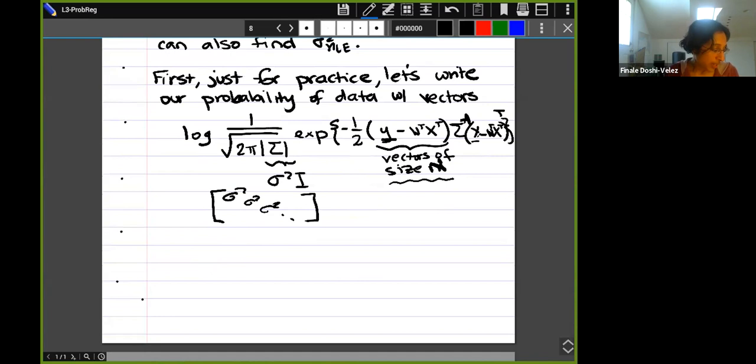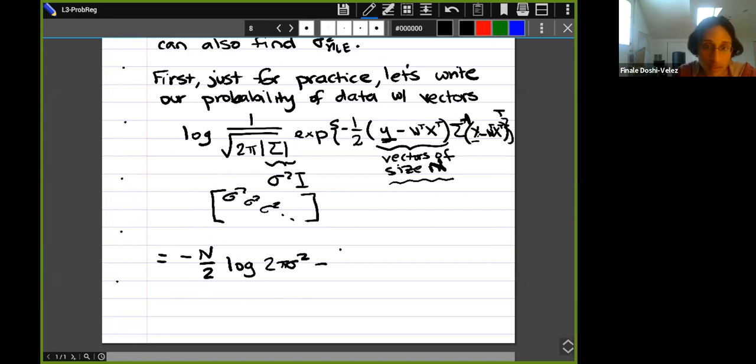Right, so we have this expression. I'm going to go ahead and simplify a few things out with the logs and the determinants, and this is going to give us a negative n over 2 log of 2 pi sigma squared. That is coming from the power in the determinant when we went down the diagonal, and also this root 2 pi. So that's where we're getting this part over here.